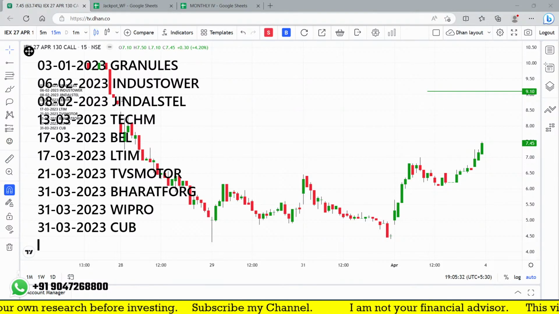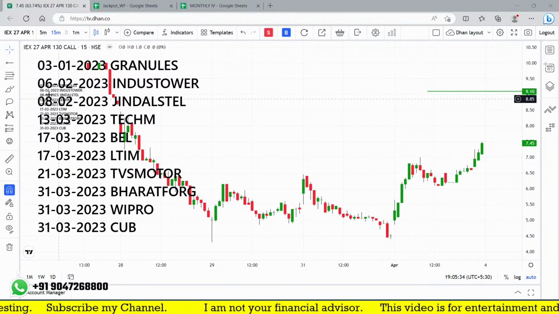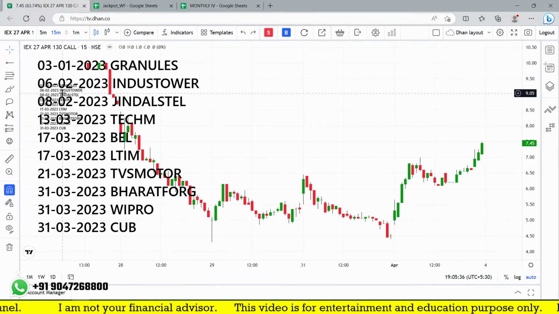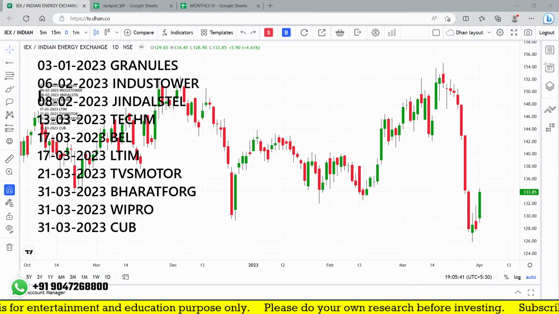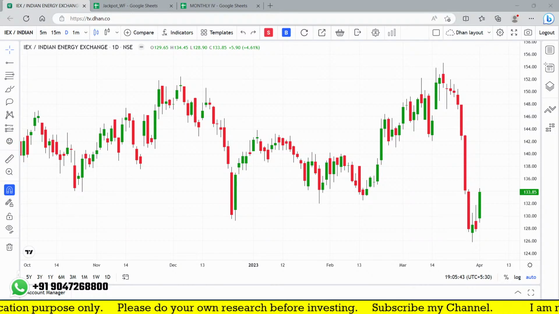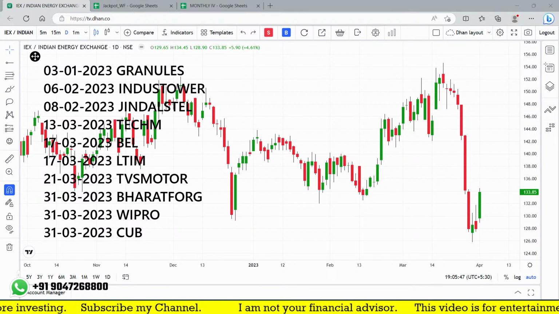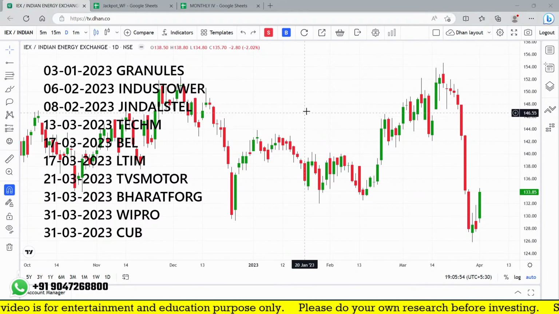These are all the stocks which trigger based on our BTST scanner. I'll take that scanner. These are all the dates where I get BTST results. So let me talk about Granules on the 3rd.